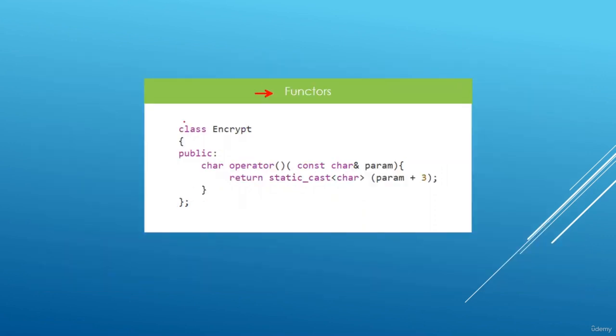We also had a chance to learn about functors, and we saw that these were really classes behind the scenes. And what makes them functors is that we are overloading the function call operator. This would give us the ability to create objects of these classes and call functions on them like we do for regular functions, using a bunch of parentheses and putting in a bunch of parameters.